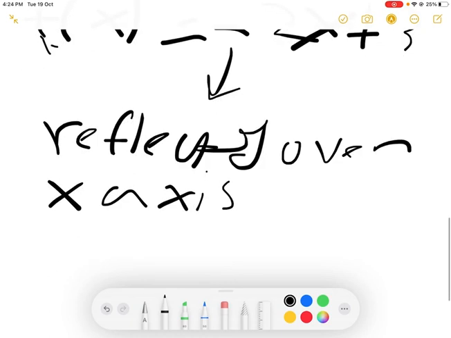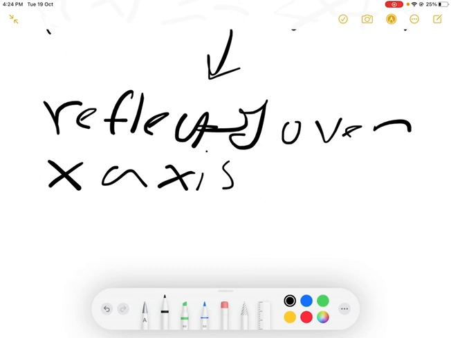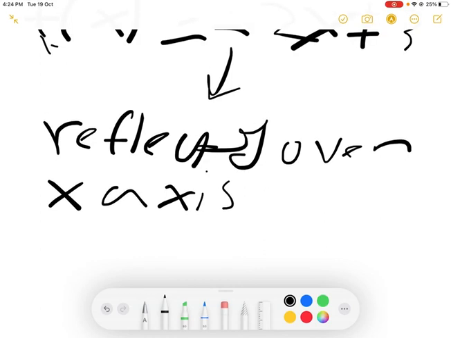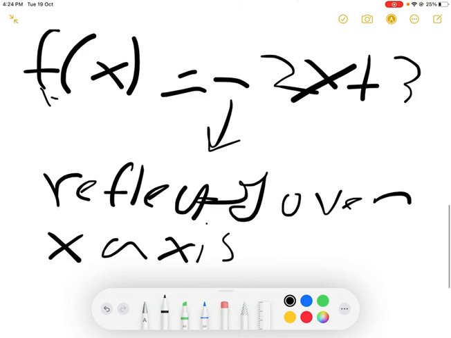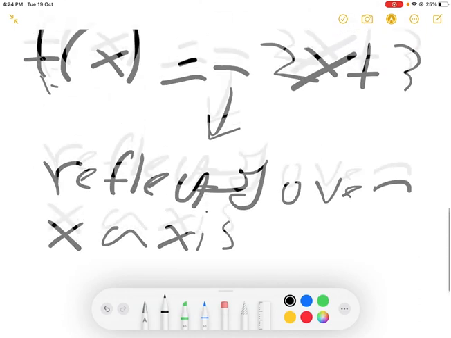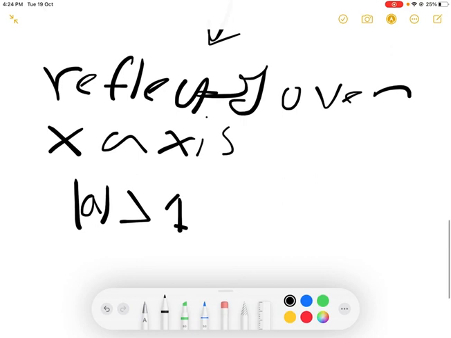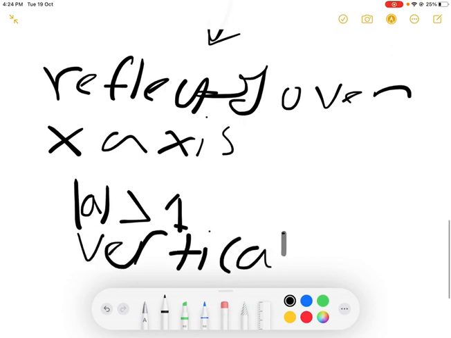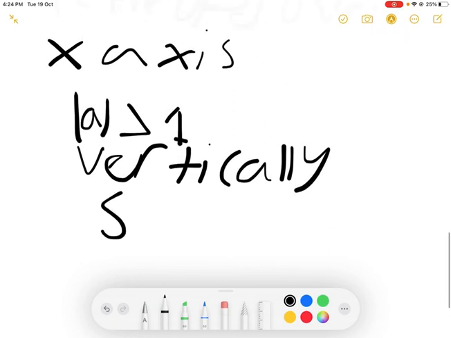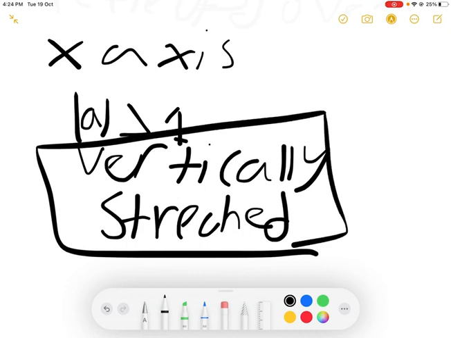And something that I forgot: you need to find the absolute value of a in order to know if it's vertically compressed, stretched, or horizontally compressed, stretched. So the absolute value of a is 2, which is greater than 1, and because this function is vertical, it's vertically stretched. And this was how to know if a function is reflected over the x or y axis.